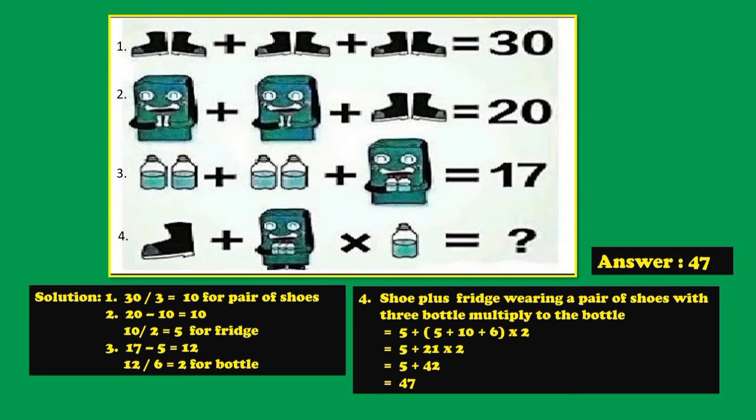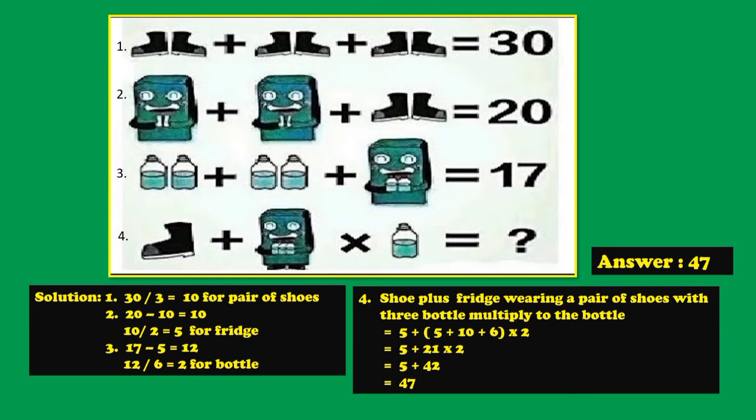Then MDAS states to manipulate first whichever comes first from left to right, since multiplication and division are a pair, followed by the addition and subtraction.